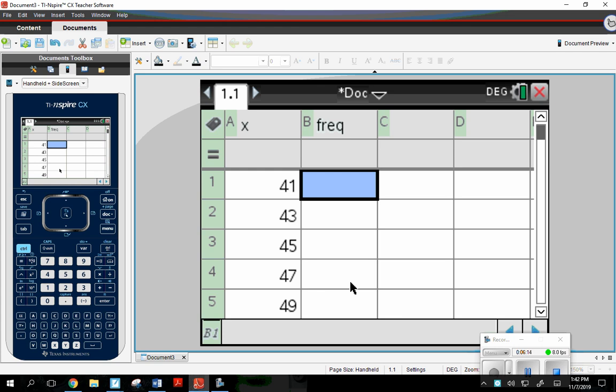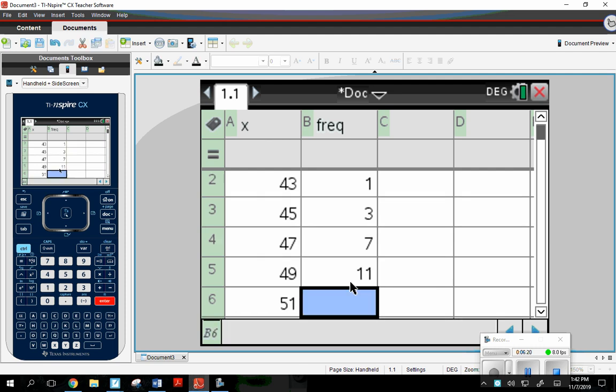Let's see, now the corresponding frequency is 1, 1, 3, 7, 11, 5, and 2. Okay. All right, so how do I find the standard deviation and mean once again? What are my keystrokes?